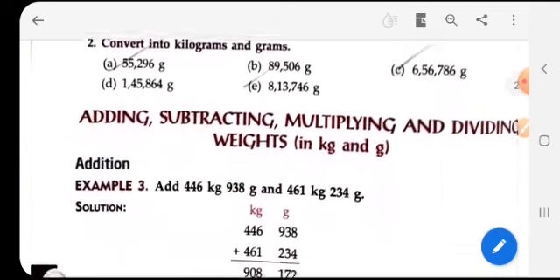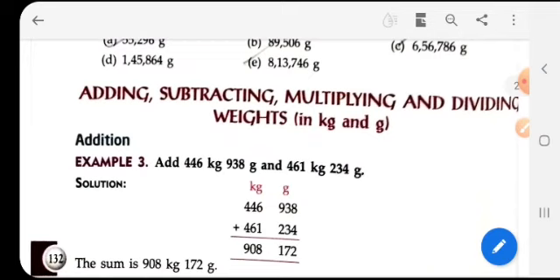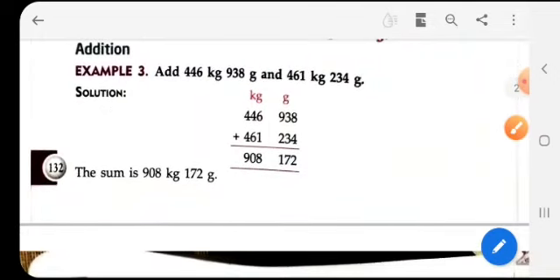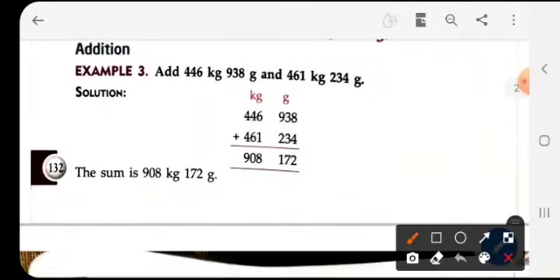Now let's see how we do the addition, subtraction, multiplication and division of numbers in kilograms and grams. Now while doing the addition, we have to place the numbers according to grams and kilograms. Now the first number is 446 kilograms and 938 grams, and this is to be added to 461 kilograms, 234 grams.